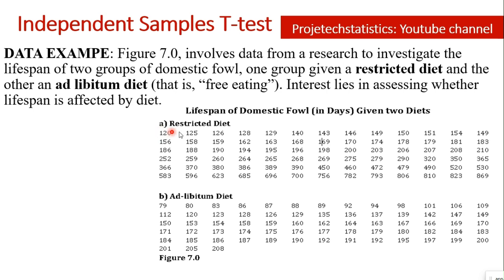This group are put in a room and you are feeding them, while the ad libitum diet group are the ones that are allowed to go out to provide food for themselves. So we want to see if this eating habit, their diet, has any significant effect on the lifespan. So our interest lies in assessing if lifespan is affected by diet.